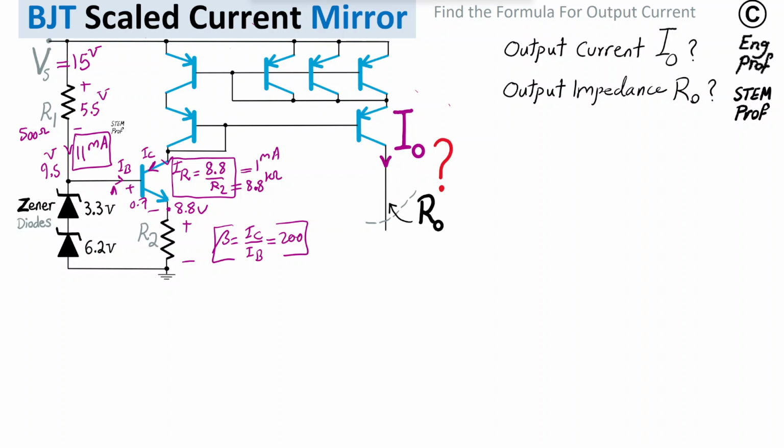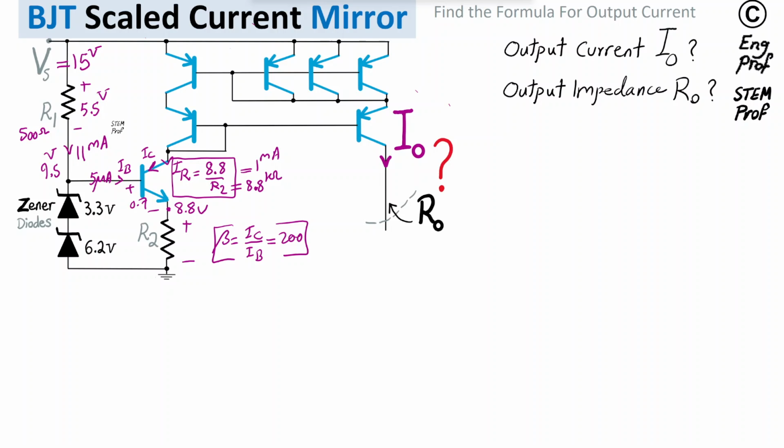For the base current. And the reason I mentioned that is because I am trying to remind that there is a current going this way, but that current is much, much smaller than the 11 milliamp bias current going through the effective series of R1 and Zener diodes. So we can effectively neglect the 5 microamp versus the 11 milliamp bias current.